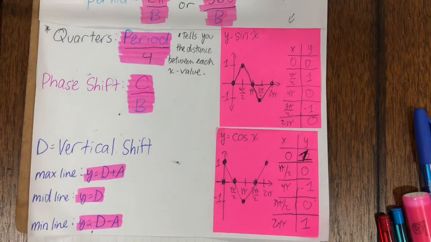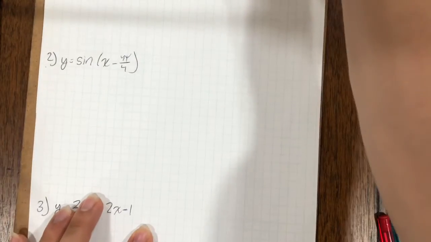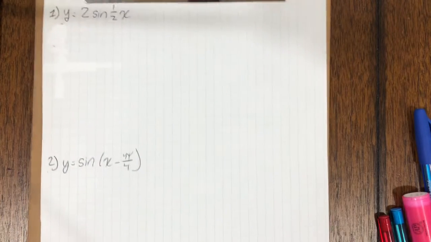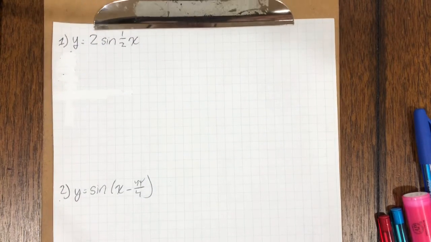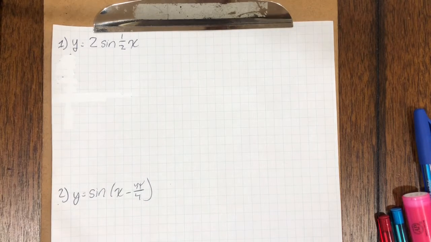Hopefully the pattern will help us remember how the trig function looks. So let's look at some examples so that we can graph without having to use an x and y table. Let's start off with number 1, which is 2 times sine of 1/2 x.